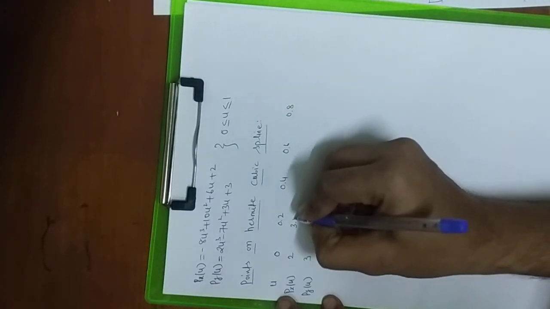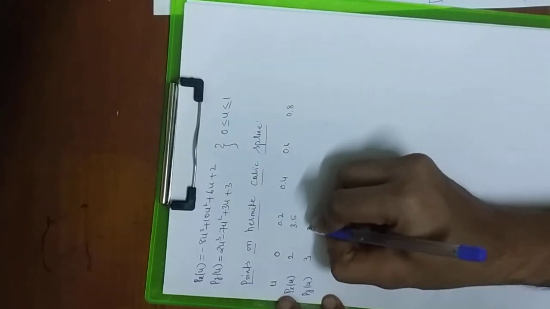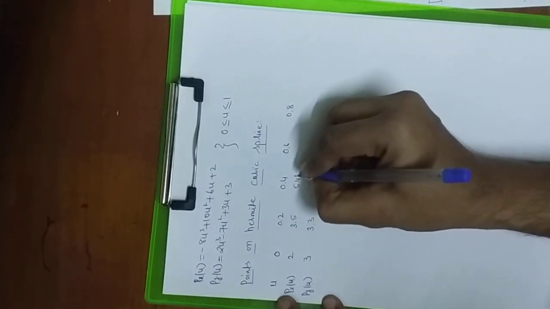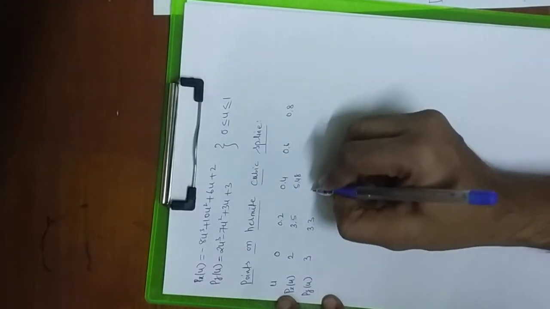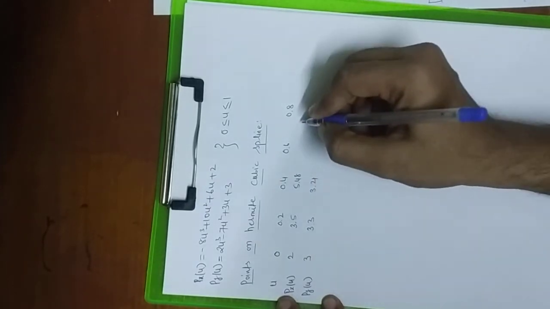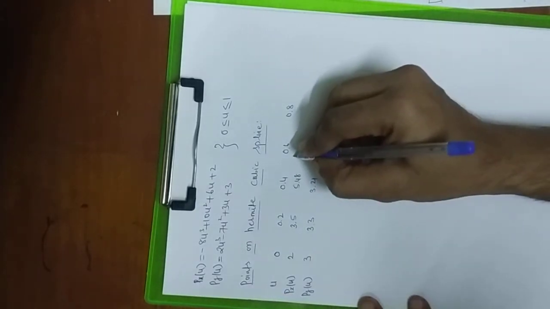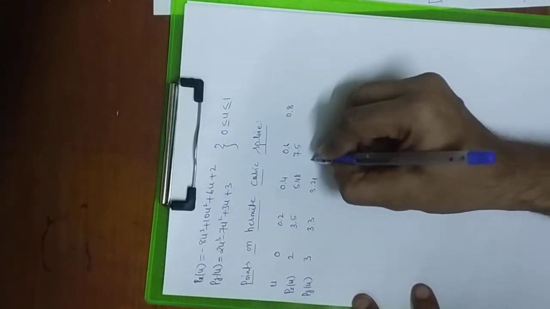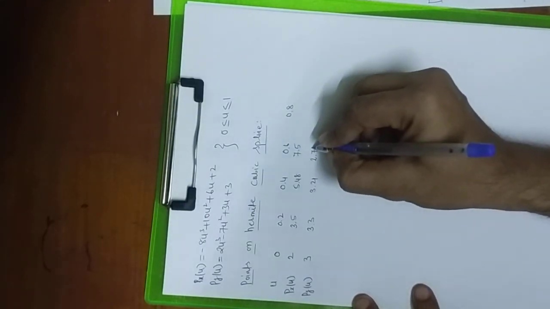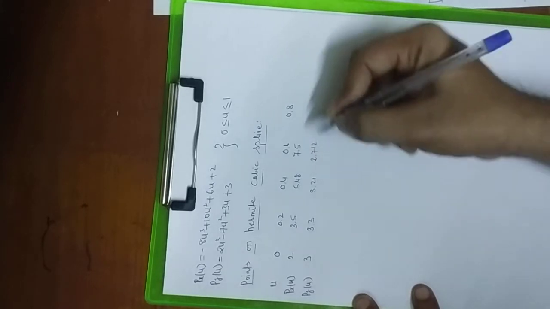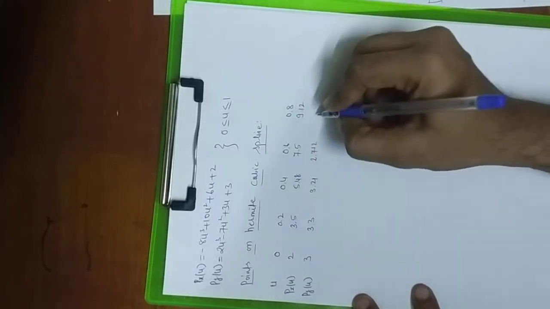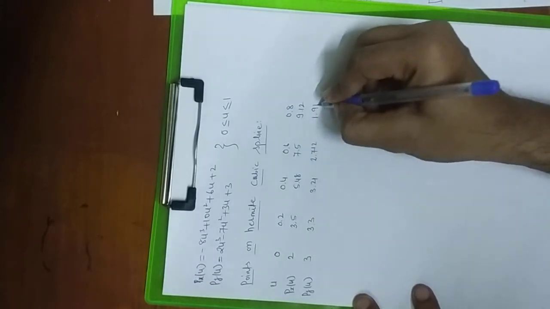So this will be 3.5, 3.3, 5.48, 3.21, 7.5, 2.712, 9.12 and 1.91.